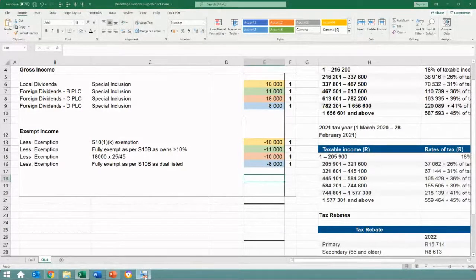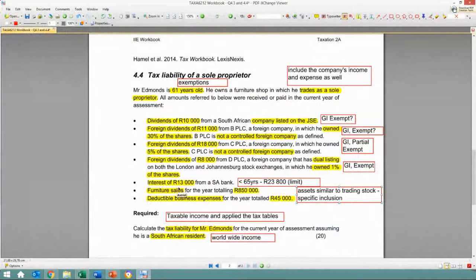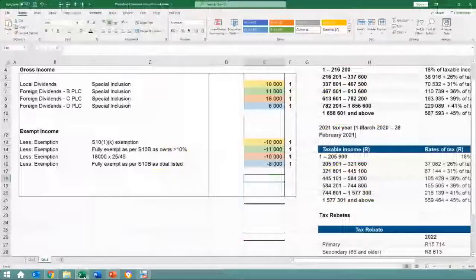Then if we go to the interest, we said we earn interest of 13,000 as an individual. Because we are trading as a sole proprietor, we are then allowed to get the individual, the natural person exemption as well, but it's limited to 23,800.